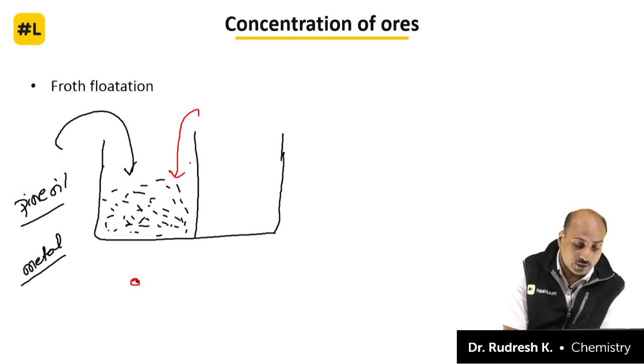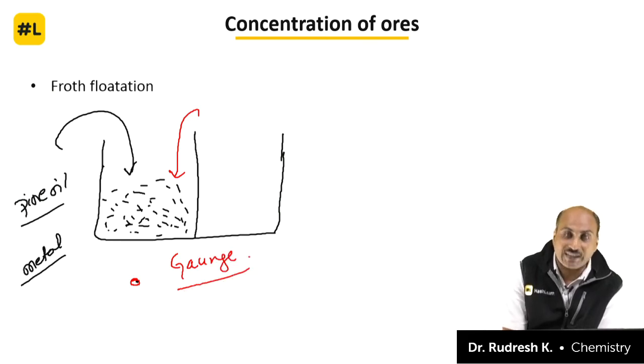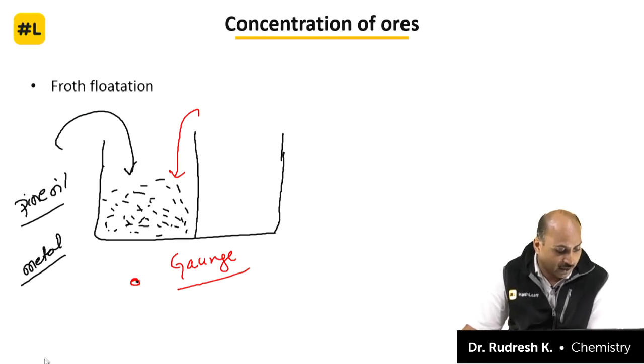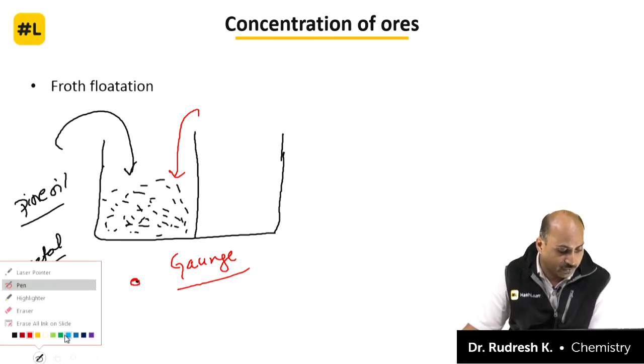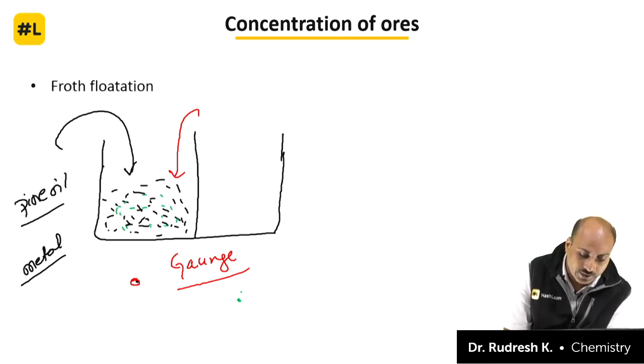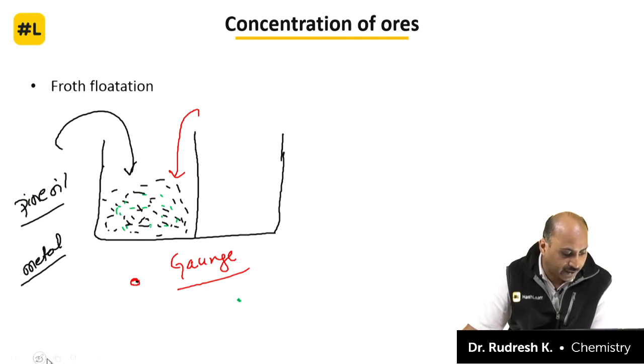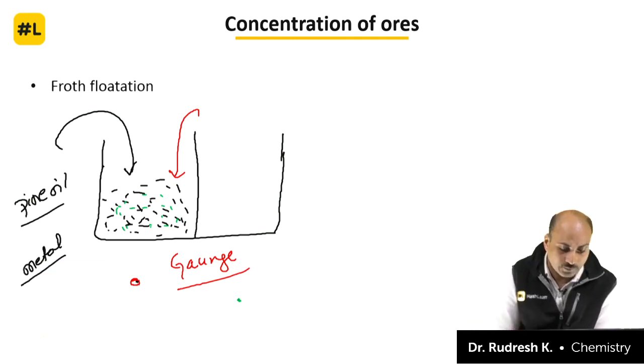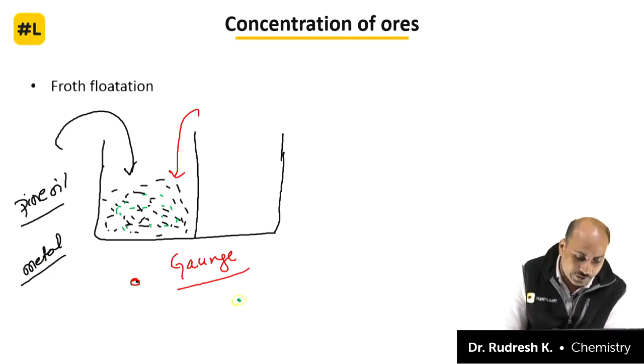Now we add water to this. The moment you add water, the gangue particles in the ore get wetted, similar to this. Assume the gangue particles here may be of green color, which is the rocky material. This material will be completely surrounded by your water, which is yellow in nature.